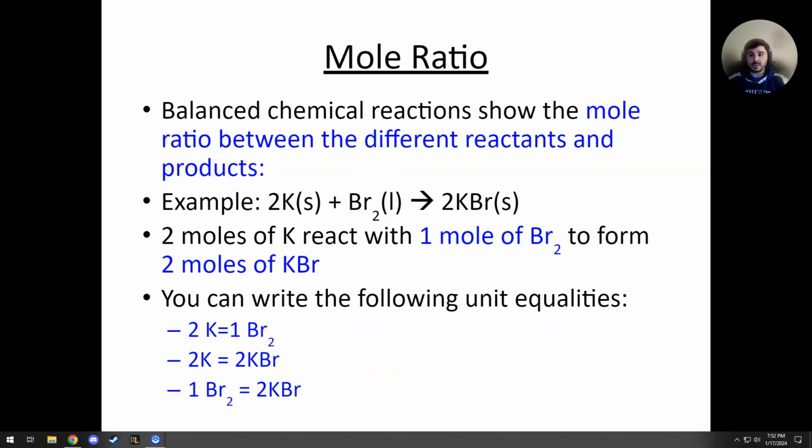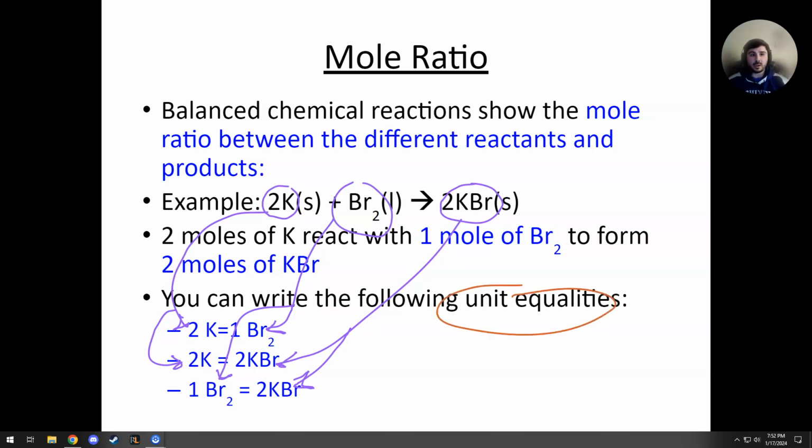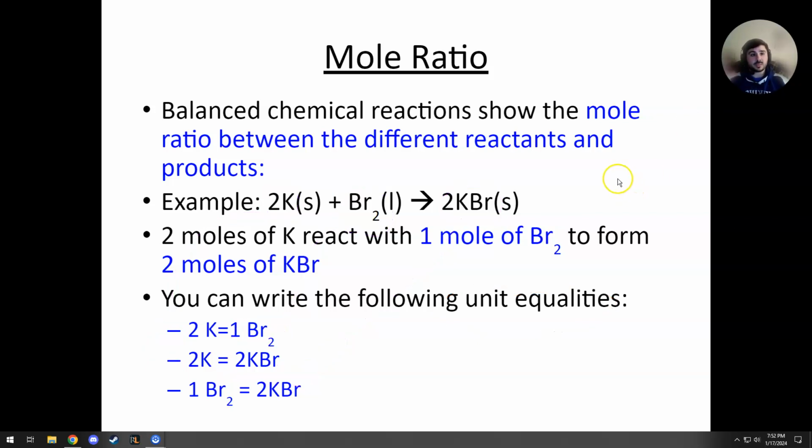I've got this 1 mole of bromine appearing right here, and also appearing right here. This 2 moles of KBr is appearing right here, and also appearing right here. So they're coming directly from the actual balanced chemical equation itself, right? Nothing crazy going on. We're just taking things directly from the balanced chemical equations and creating these unit equalities I keep telling you about, right? Again, very familiar with unit equalities, hopefully. We've talked about them a lot this chapter. They're still back here in this Chapter 8.